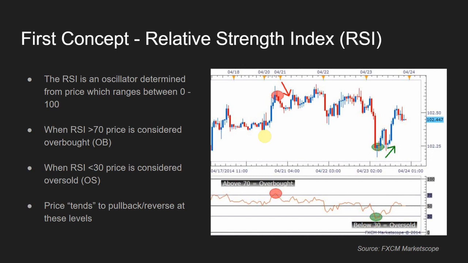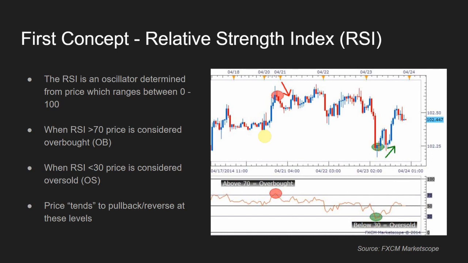If that doesn't make sense to you right now, we'll go through it in the rest of the course as well. What we're looking for in the RSI is when it is at overbought and oversold levels, so at, and I'm doing air quotes now, extreme conditions. That's the first concept that I want you guys to really take away from this slide, and hopefully that's starting to make a bit of sense.